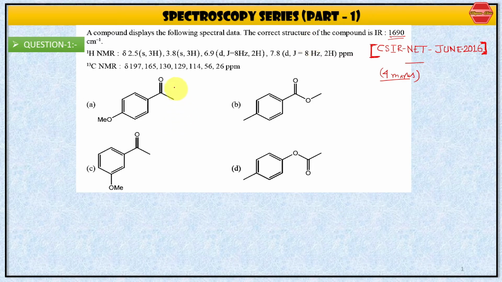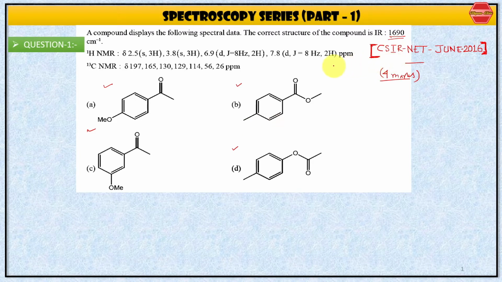In the options, different types of compounds are given. If you look at the options, these two are ketones and options B and D are esters.